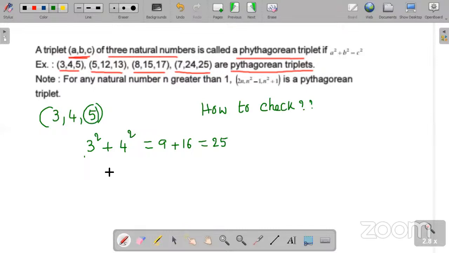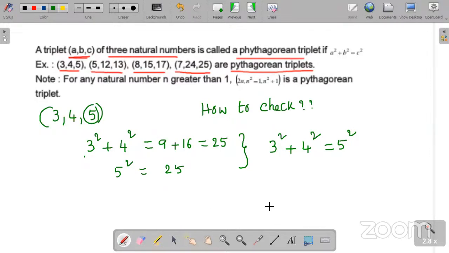Now 5 square is 25. So 3 square plus 4 square is equal to 5 square. It's a beautiful theorem, called the Pythagorean theorem also. The Indian mathematician Baudhayana also contributed to proving the Pythagoras theorem. Clear? Yes, this is a Pythagorean triplet.